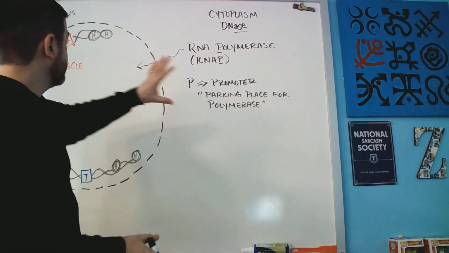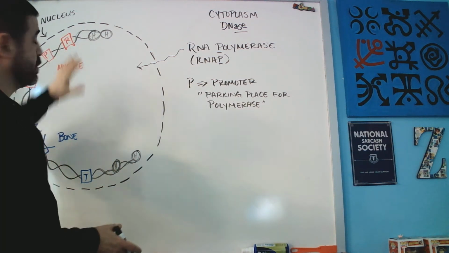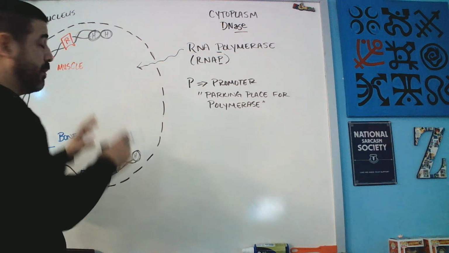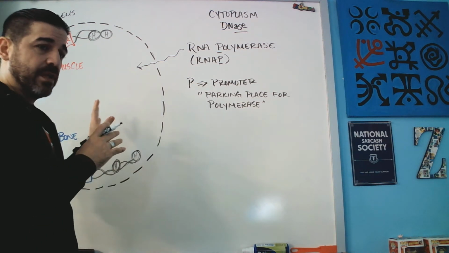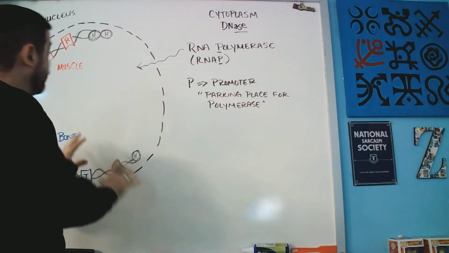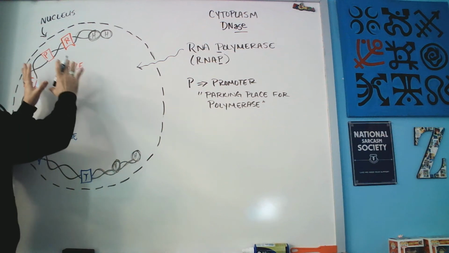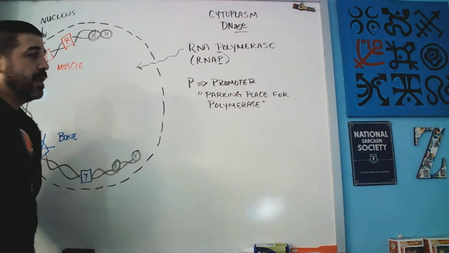So RNA polymerase is going to come into the nucleus. Here I have a gene that is on, based on the regulatory sequence. It says this one's on, and I've got my activator proteins over there going, this is where you need to be, right? My activator proteins are saying, come this way. My inhibitors are blocking this area off, so RNA polymerase is moving towards the muscle cell. It needs to know where to start. So it's going to park right here at the promoter.